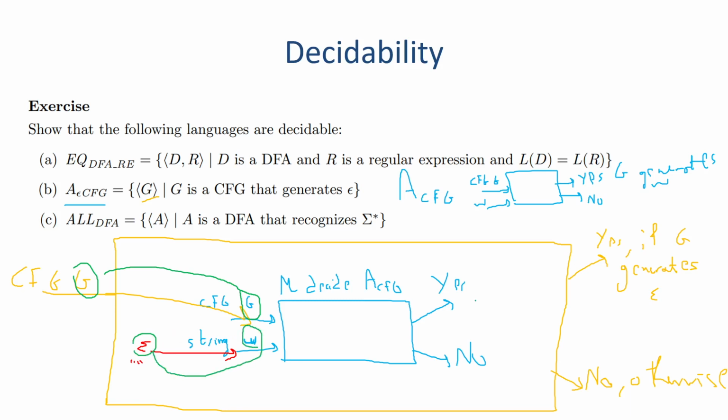The blue machine is going to tell you yes if G generates W, but this G is the one from the original input, and this W happens to be the specific epsilon.